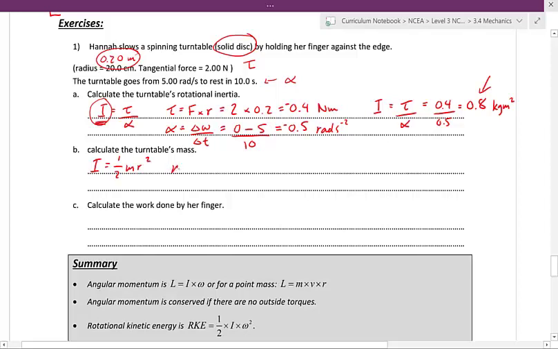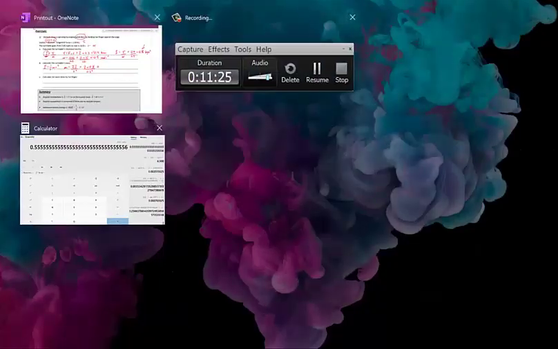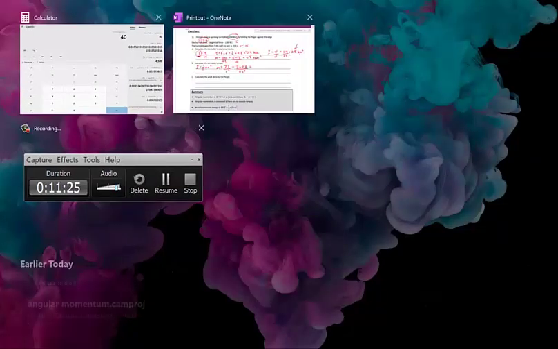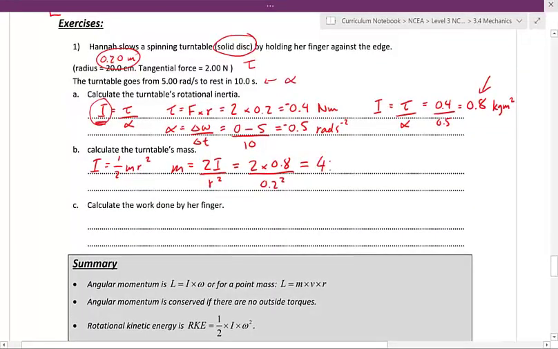So m is going to be equal to 2I over r squared, which is 2 times 0.8 divided by 0.2 squared, equals 40 kilograms. That's a seriously heavy turntable.